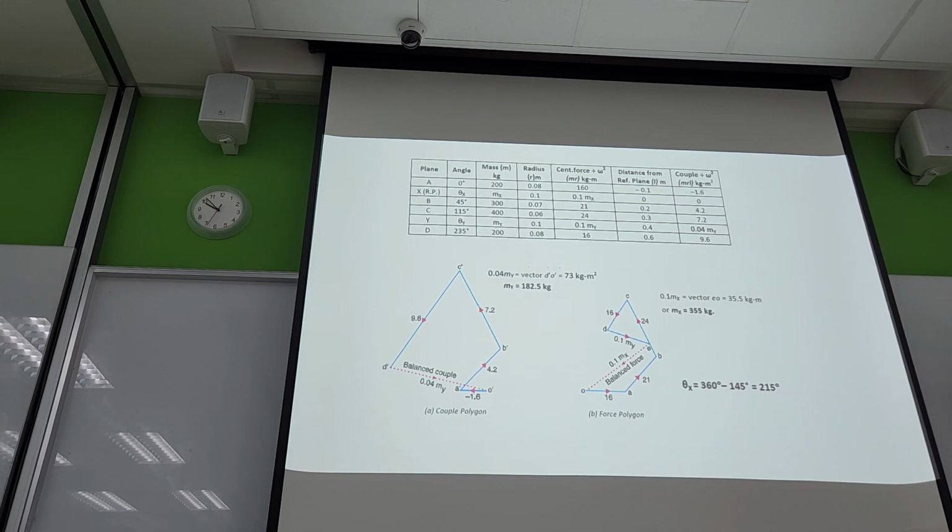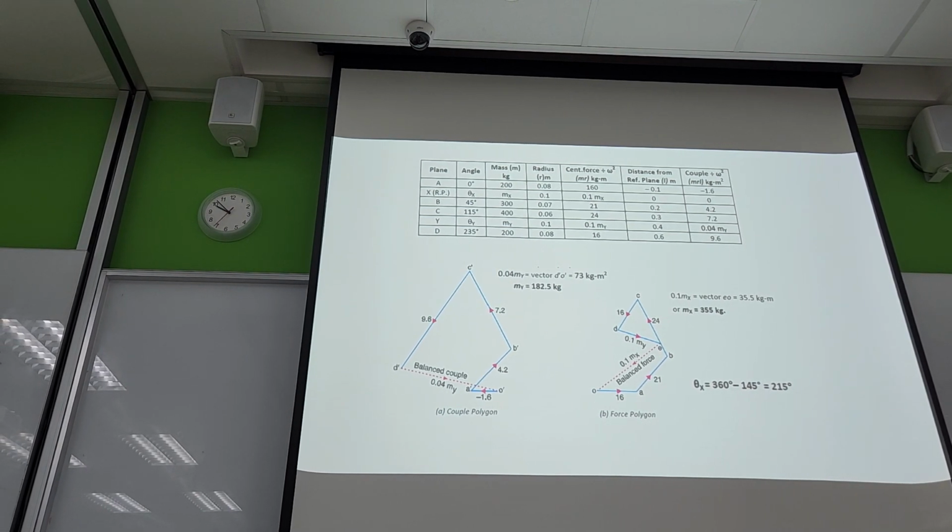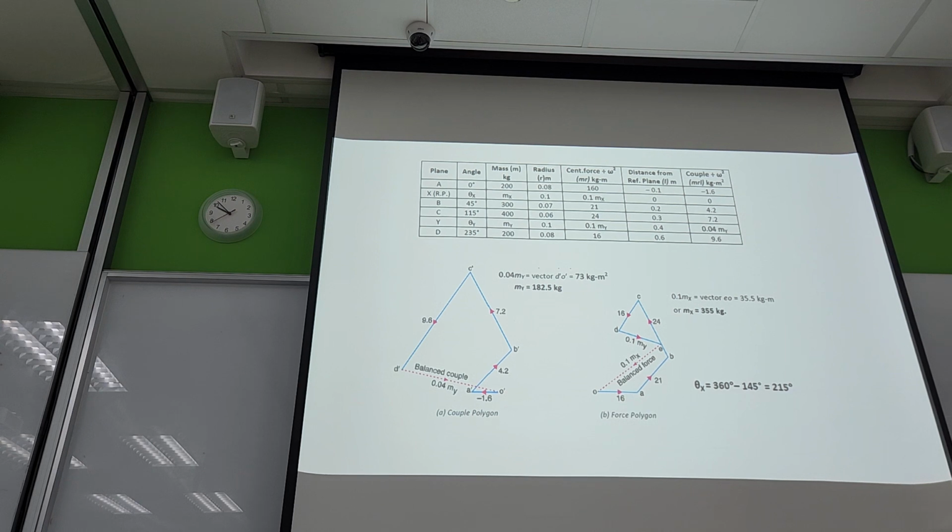The measured value is 73, so My will be 73 divided by 0.04, which gives you 182.1. So now you know My, which means you know this MR value. Next you are plotting the MR polygon.